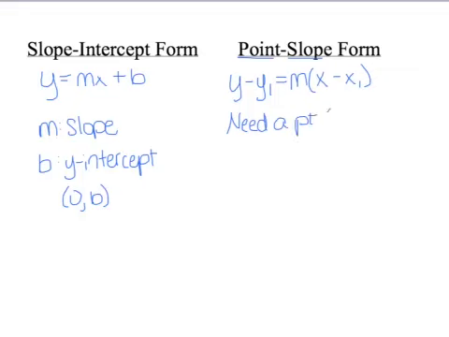And any point on the line will work. Whatever the coordinates of your point are, that's where you're going to put them in x1 and y1. And then you also need a slope.